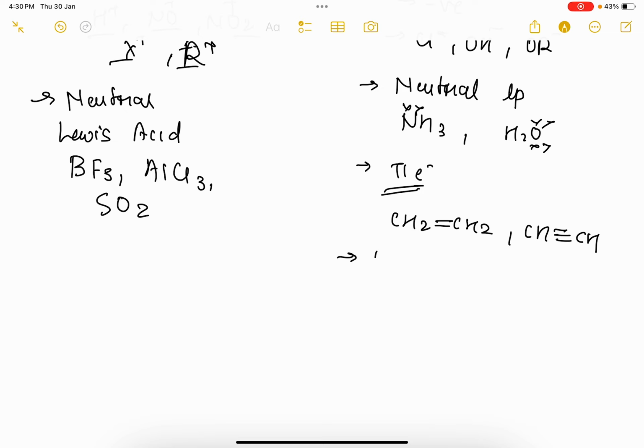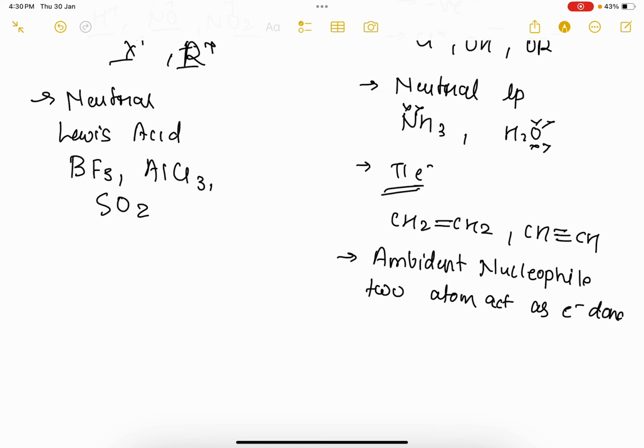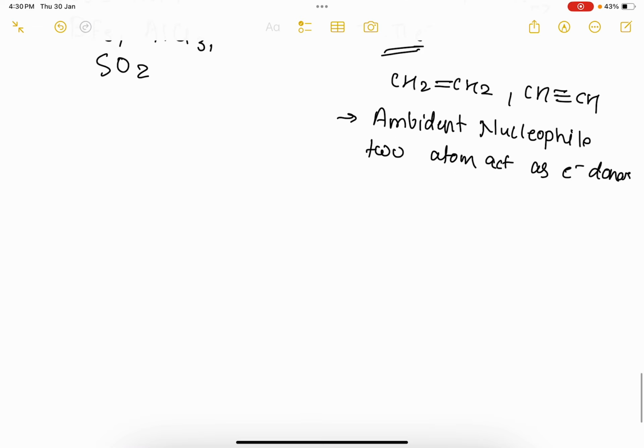Except these, we have the ambidentate nucleophile. Ambi means both. The molecule in which two atoms act as electron donors is called an ambidentate nucleophile. Suppose we are talking about NH2OH. Nitrogen has a lone pair and oxygen has two lone pairs. So in this molecule both nitrogen and oxygen can act as nucleophile. So this is called an ambidentate nucleophile.